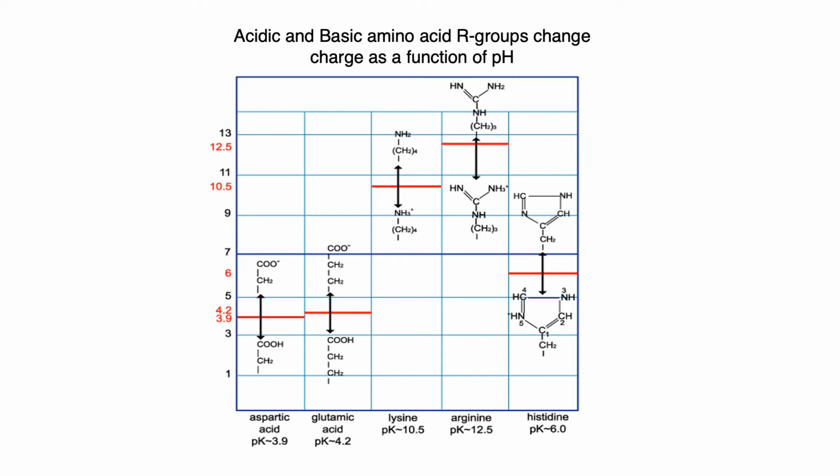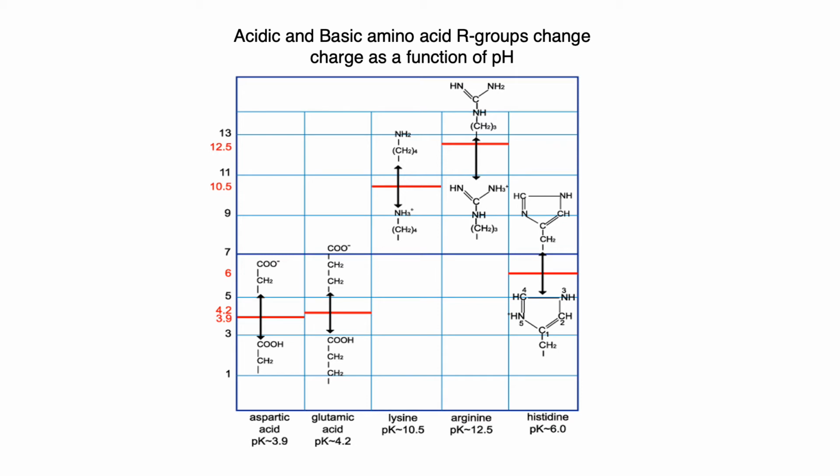So pH 7 is below the pK of both of those. So the basic amino acids are charged. They have an extra proton at neutral pH. But above 10.5, they lose the proton and become uncharged. Okay, so in all cases, below the pK, accept the proton.